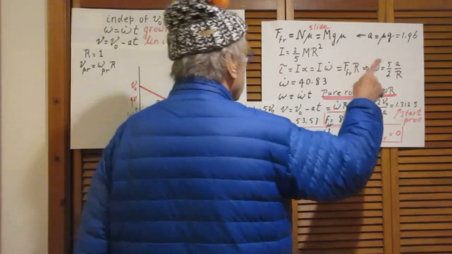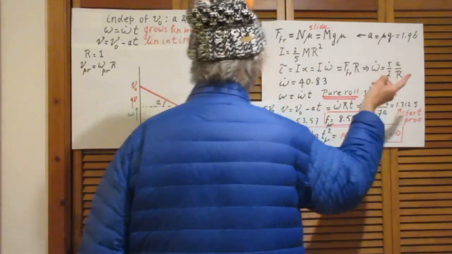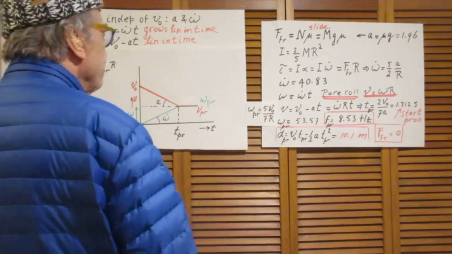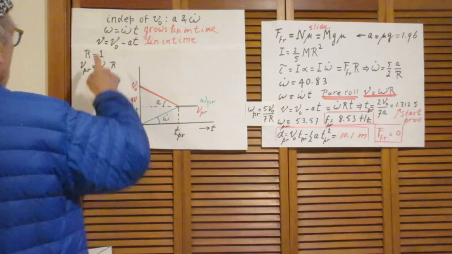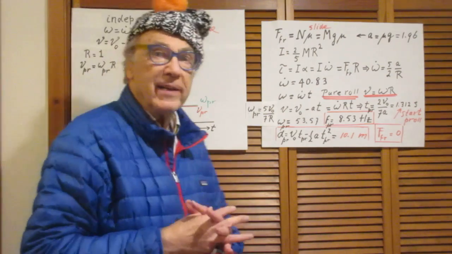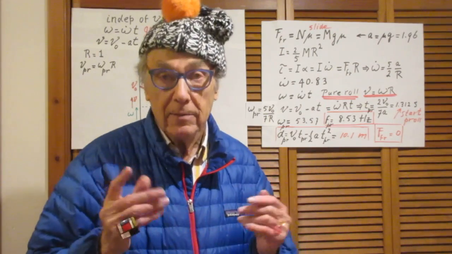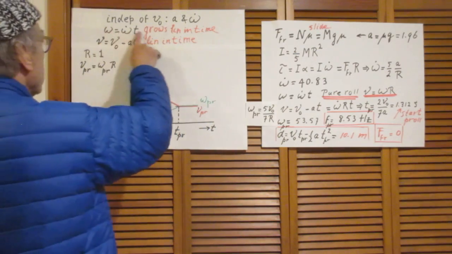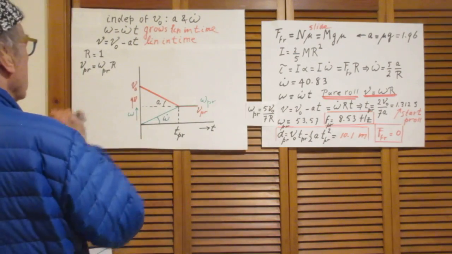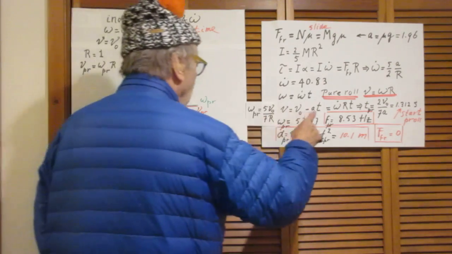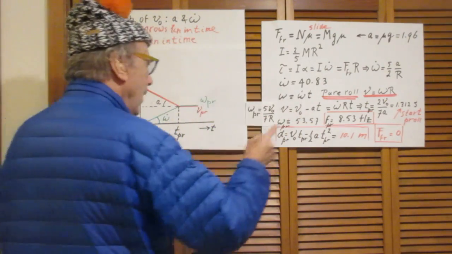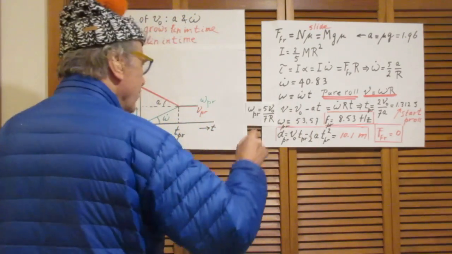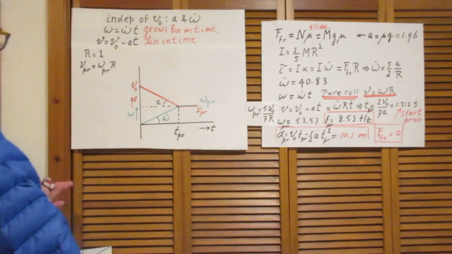Omega dot and A are both independent of V0. So omega will grow linearly in time in the beginning because omega dot is constant. So this is linear dependence. V is also linearly dependent on time. Since A is a constant, V as a function of time will also be a straight line.